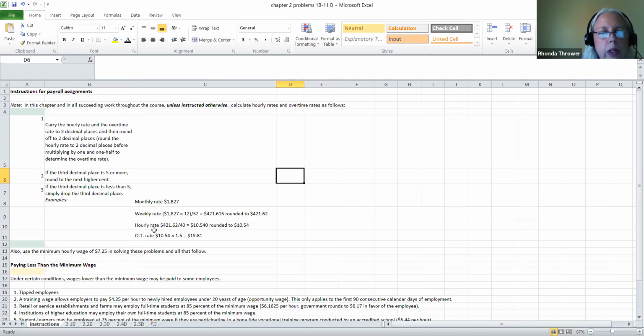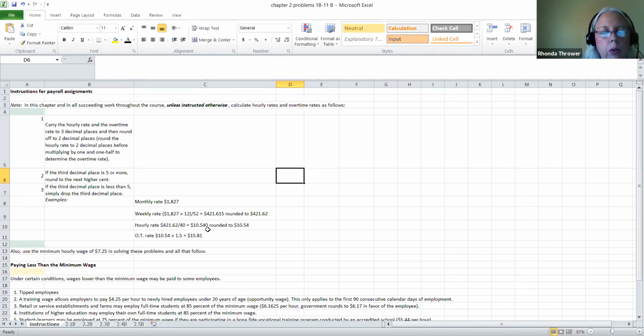To find the hourly rate, we would take the $421.62 for the weekly rate. We take the rounded one, in other words, and we divide it by 40 regular hours. And that will give us a regular rate of $10.540.